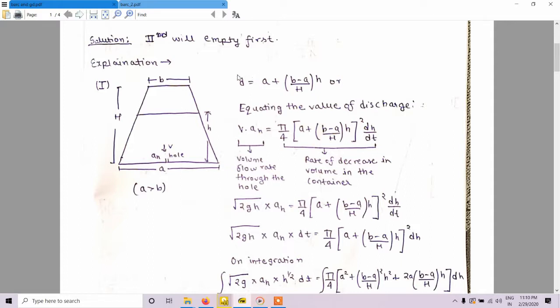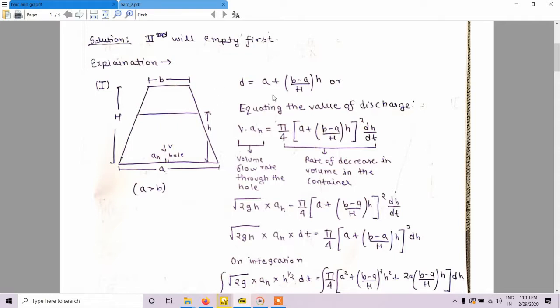So we can write the diameter d equal to a plus (b minus a) by H into small h. If we put small h equal to 0, the diameter will be a. And if we put small h as capital H, then the diameter will be b.